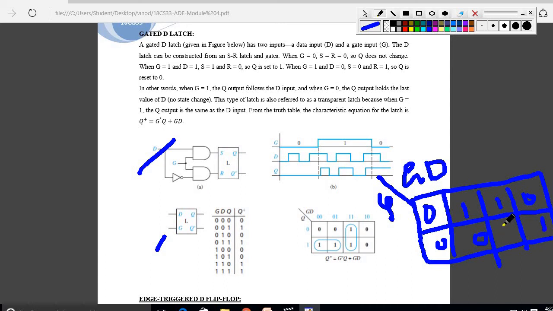So here 1 and 1. If you group these two, you will get one expression, and if you group these two you will get another expression.